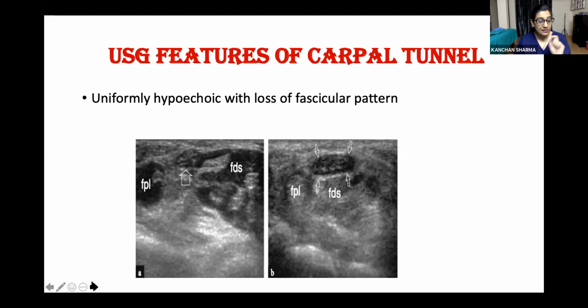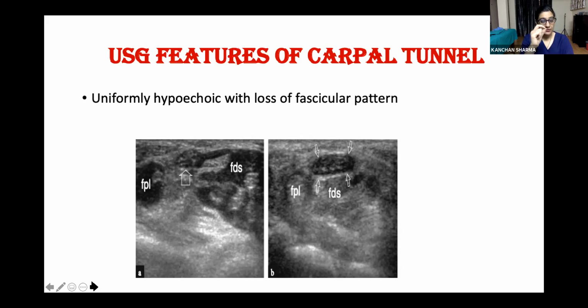So that's the reason I'm giving much importance to this part right now. Understand it, and if you do not understand, please ask me. I'll be repeating it again and again. What we have learned in our basic class, the normal anatomy of the nerve, is that it has a honeycomb appearance. How we are able to see that honeycomb appearance is that the outermost layer is a connective tissue.